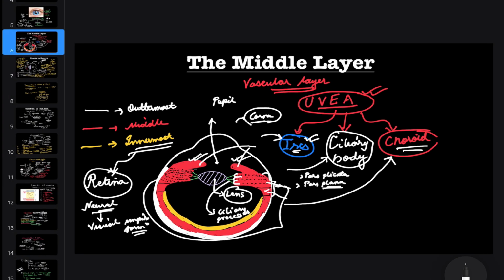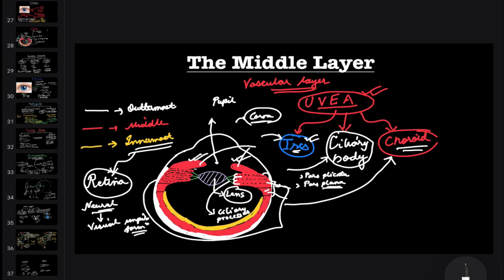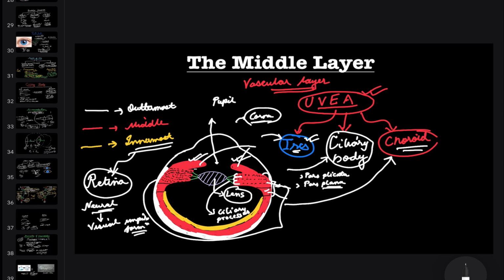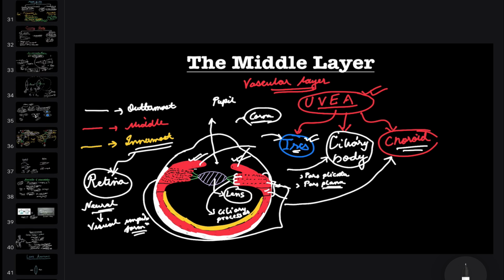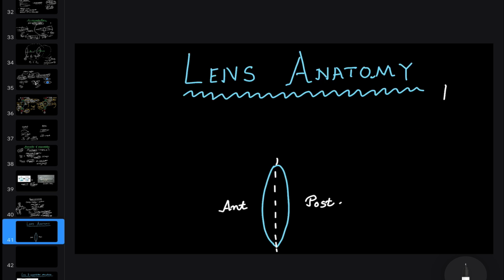Now, the crux of this entire discussion is the fact that we need, by hook or crook, to converge the light rays traveling from an object onto the retina. And we have seen how this happens to some extent when we were talking about accommodation and near reflex. So our eyes need structures which can converge the light rays.